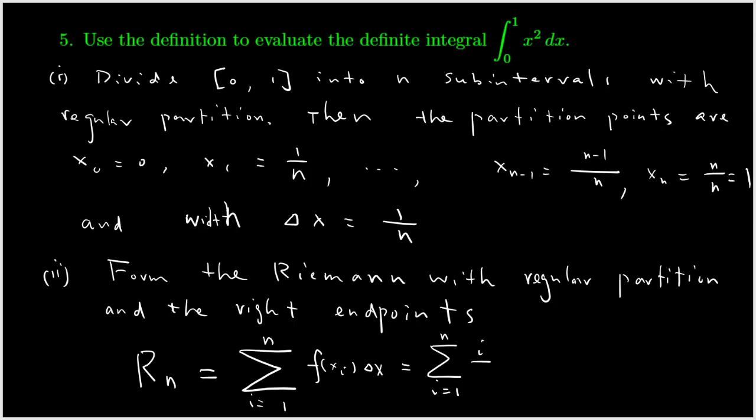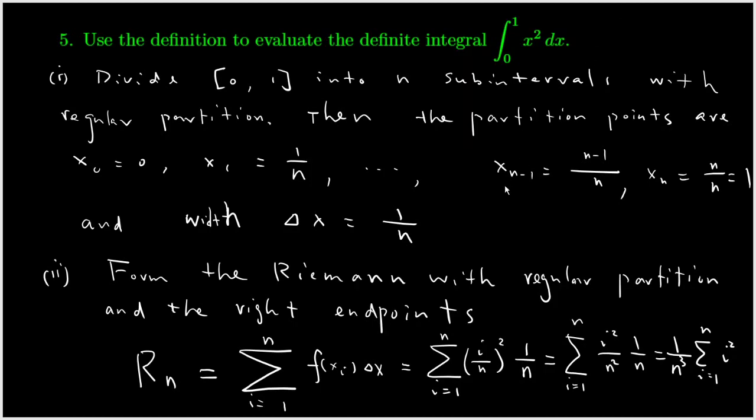So you have i over n, the whole thing squared, and then times 1 over n, which is the sum i from 1 to n, i squared over n squared, and then times 1 over n. And then you can leave the constant factor of 1 over n cubed out of the summation notation. You have 1 over n cubed, the sum of i squared, i from 1 to n.